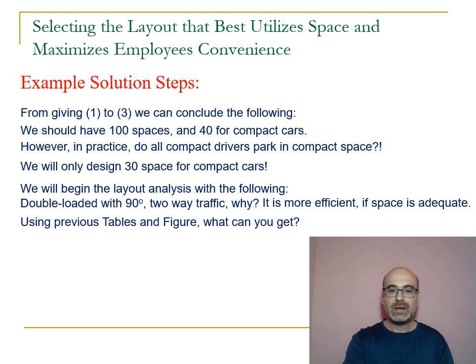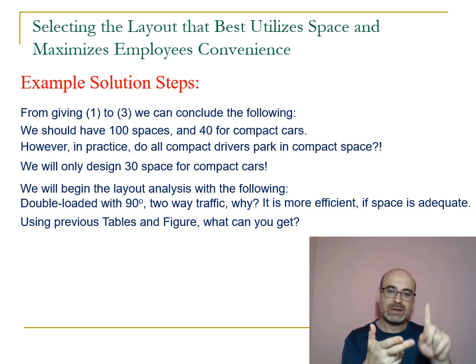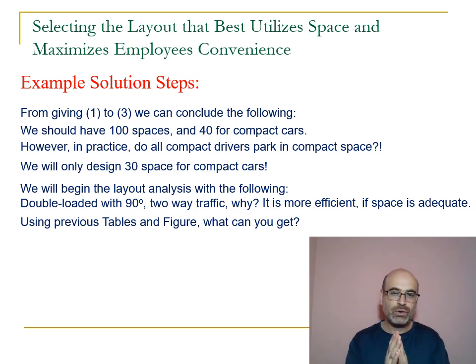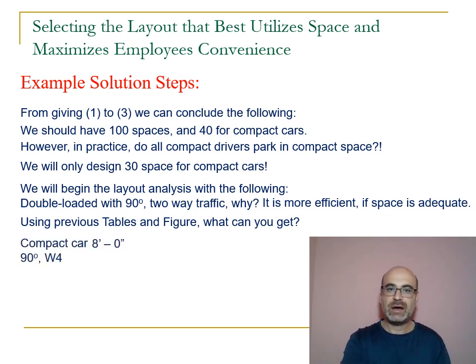Okay. Again, now we know the number of compact cars, the number of standard cars. We know 90-degree parking, double-sided. So we can go back to previous tables and figures and come up with our necessary space for the cars.